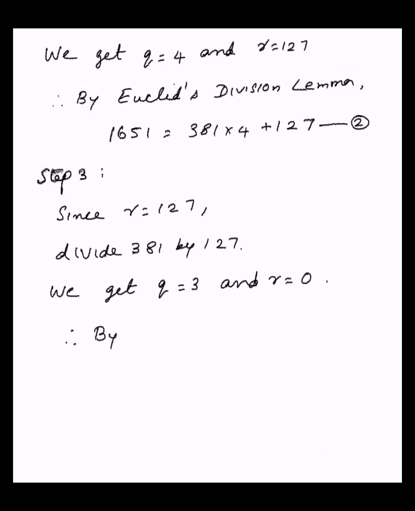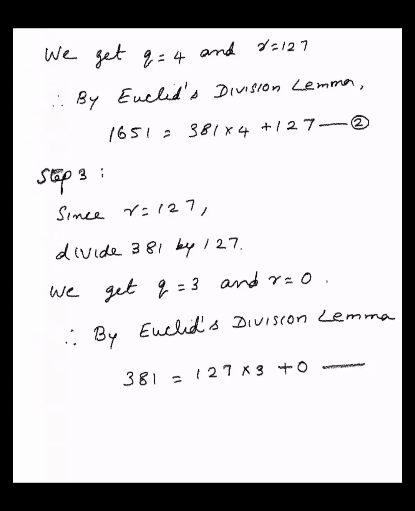Therefore, by Euclid's division lemma, 381 is equal to 127 into 3 plus 0, because the remainder is 0. This is equation 3. So R equal to 0, that means what will be our HCF?